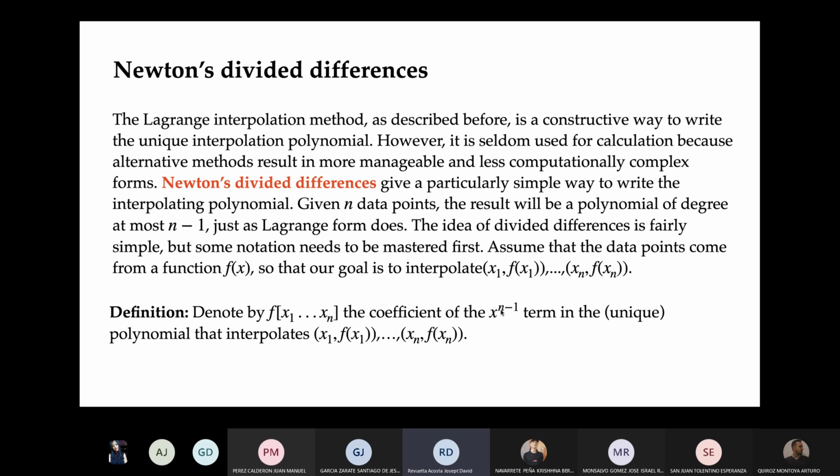When n is equal to 2, the degree is 1. When n is equal to 3, it is 2, and when n is equal to 4, it is 3. So we are denoting this notation as the coefficient of the x^(n-1) term of the polynomial that interpolates the points. Remember, this notation is actually the coefficient.